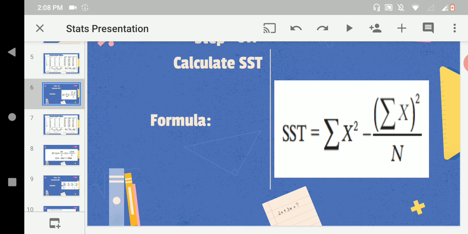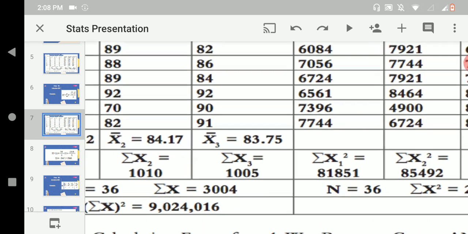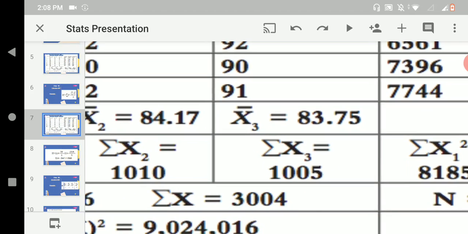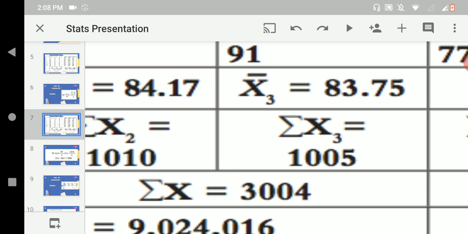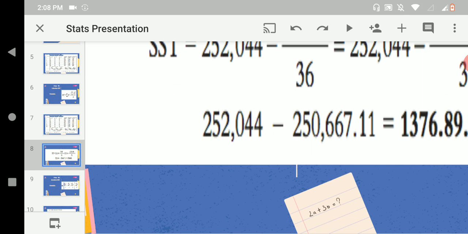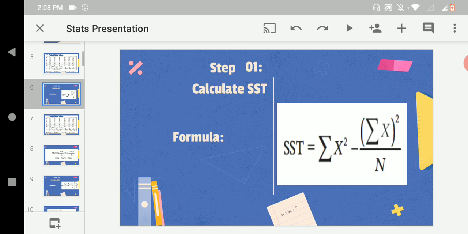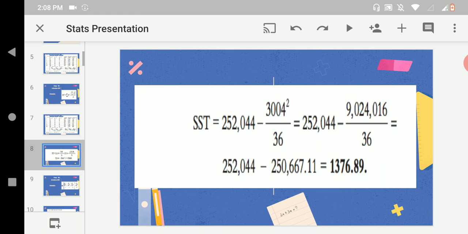The summation of x here is this one, 3004. And then we put the squared at the top, and then over N. N is the total population, and our total population is 36.